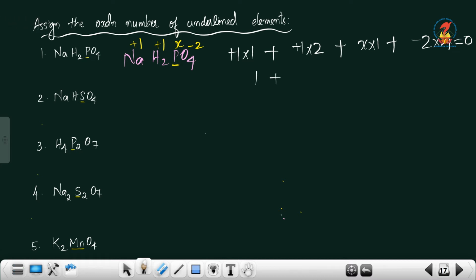So 1 plus 2 plus X plus -8 equal to 0. So X will be equal to 8 minus 3. So what is the oxidation state of phosphorus we are getting here? It is +5. So this is the way to find out the oxidation state of the underlined element. If the given species is a neutral species, the sum should be equal to 0.